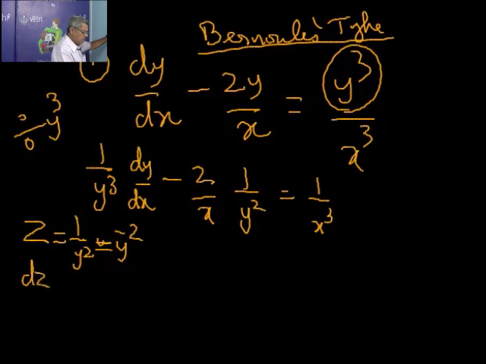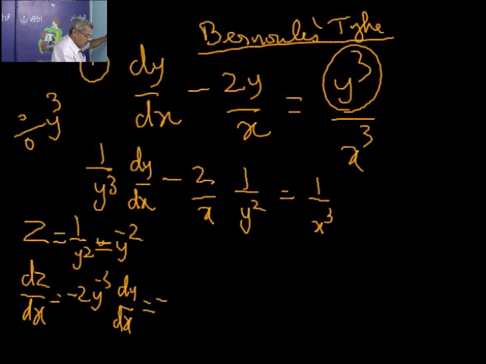You differentiate z with respect to x: dz by dx is minus 2 y power minus 3 dy by dx, or minus 2 by y cube dy by dx.